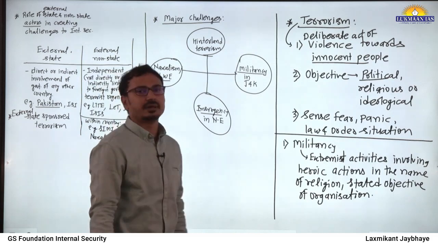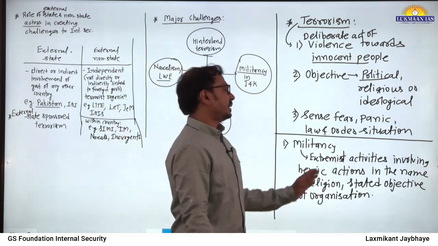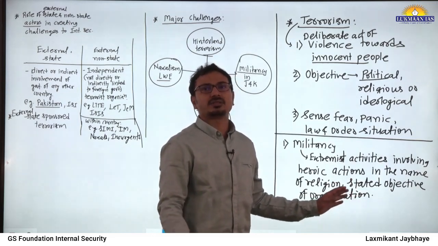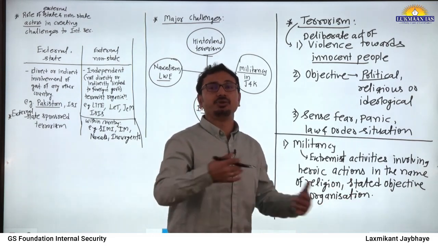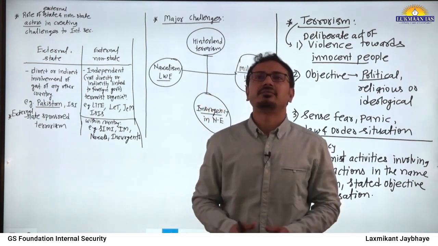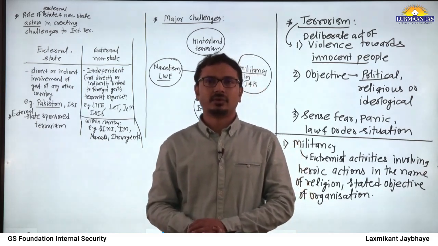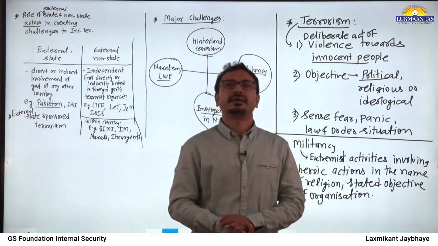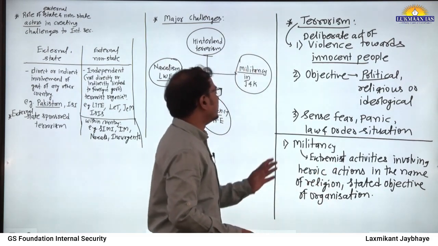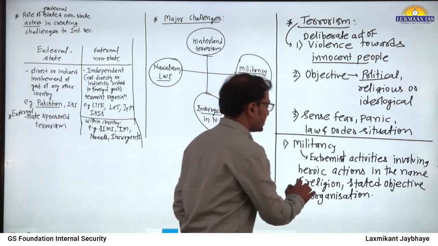So what happens here in militancy, the activities that are carried out by the militants, basically they are focused more on the heroic activities, individual activities, and basically maximum times it results in the death of that person. Okay, and this militancy is promoted in the Kashmir Valley by certain terrorist organizations in the name of religion.